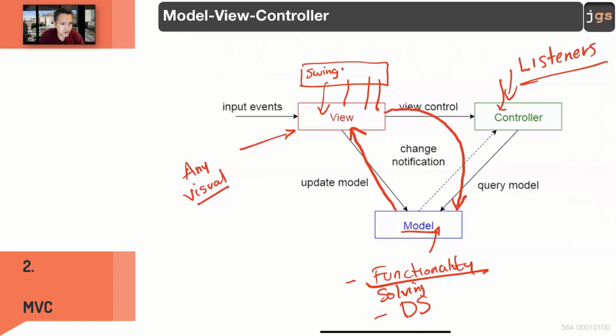The listeners are the ones that connect your graphical user elements with the things that solve the problem. According to model view controller, your listeners should be one element in your architecture.